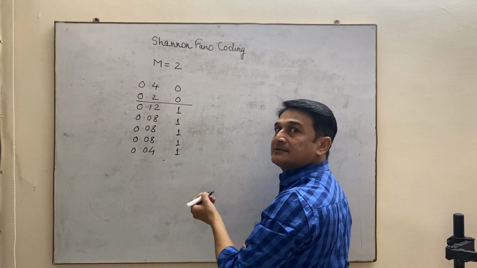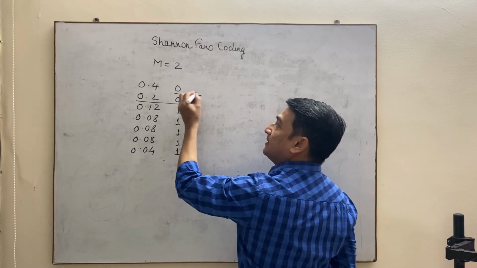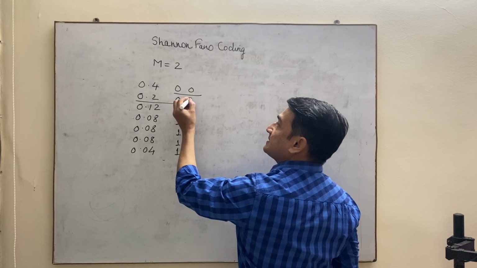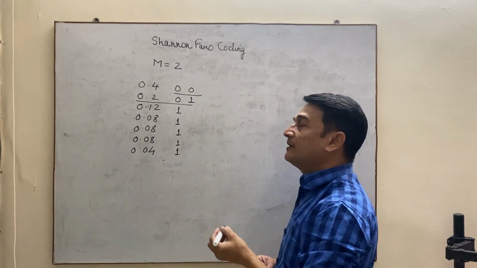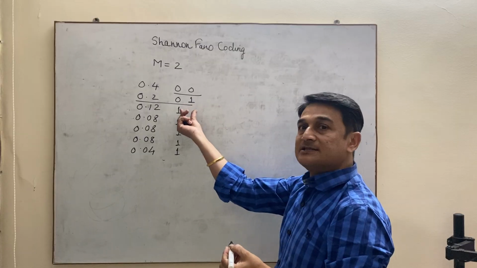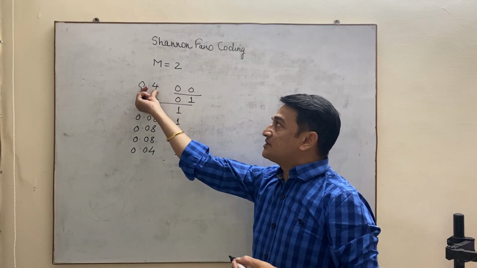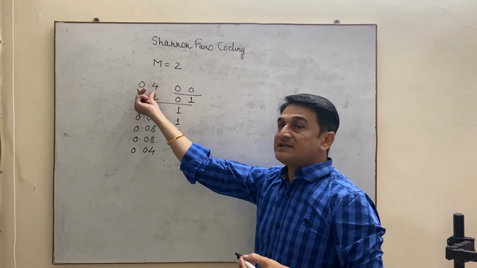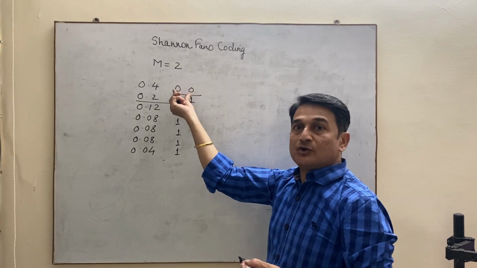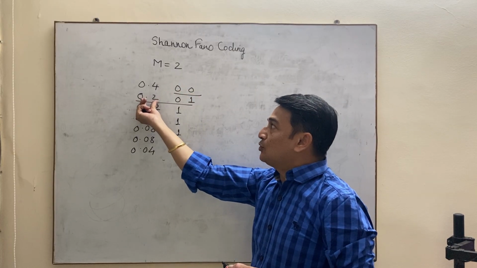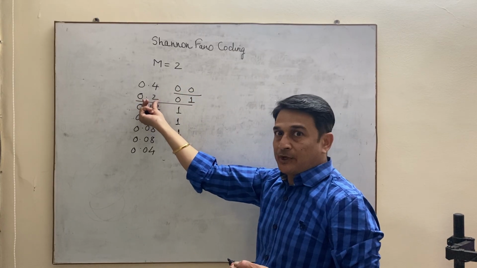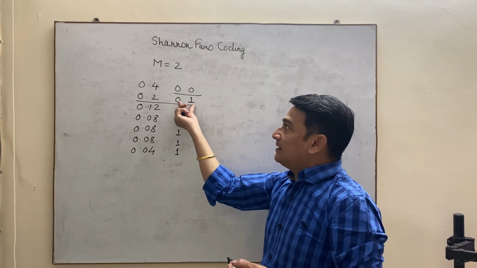If you divide this set into two subsets, the first subset gets the first symbol and the second subset gets the second symbol. So message 1, which has probability 0.4, will have code 00, and message 2, which is 0.2, has code 01.